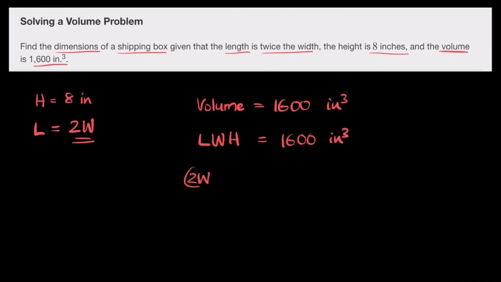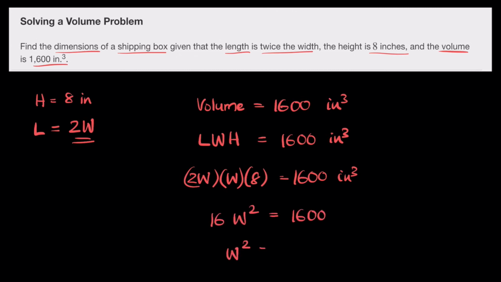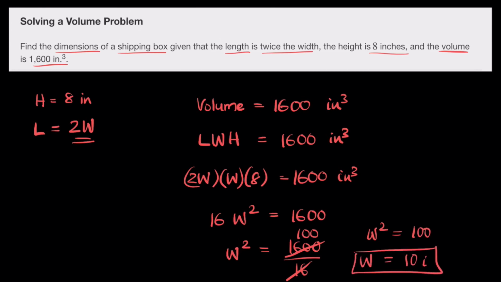So 2W times W times height is 8 is equal to 1600 inch cube. So you have 16 W square equal to 1600. W square equal to 1600 by 16. So W square will become 100. W becomes 10. So W is 10 inches.